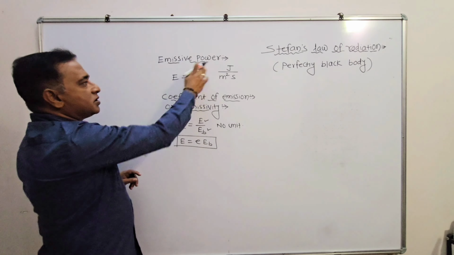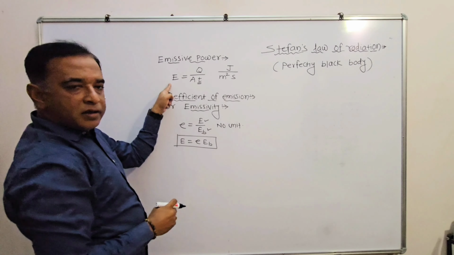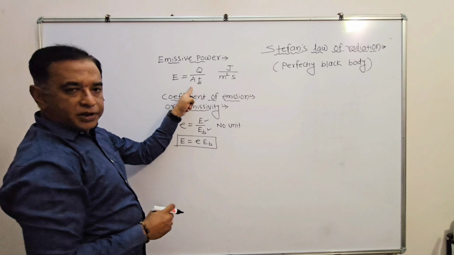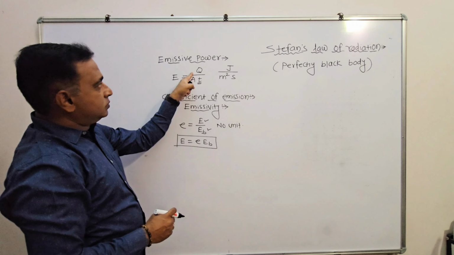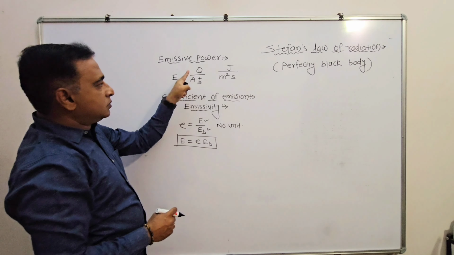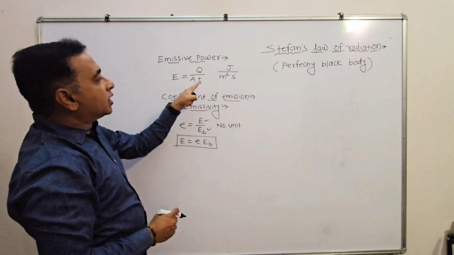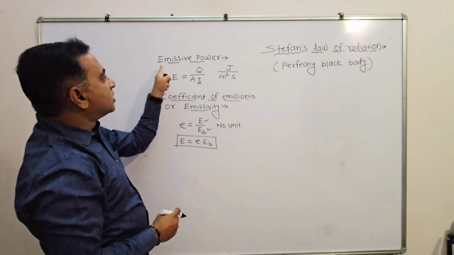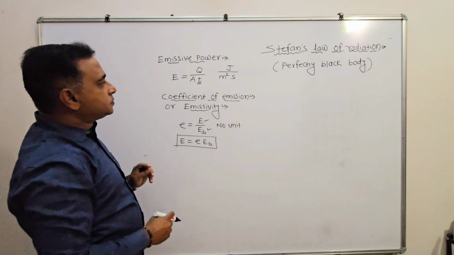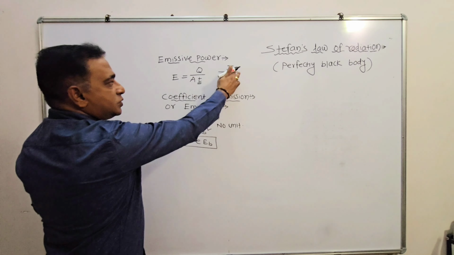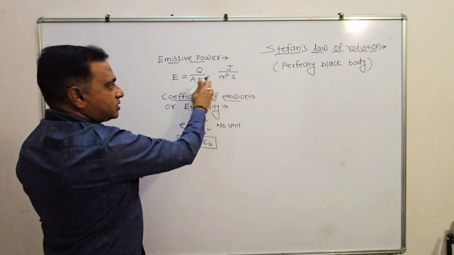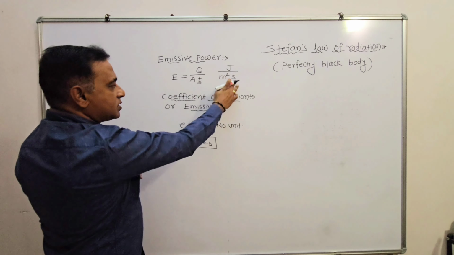Once again, the emissive power E is equal to Q upon A T. The amount of energy emitted per unit area per unit time is nothing but the emissive power of the body. Q is measured in joule, area in meter square, and time in second.